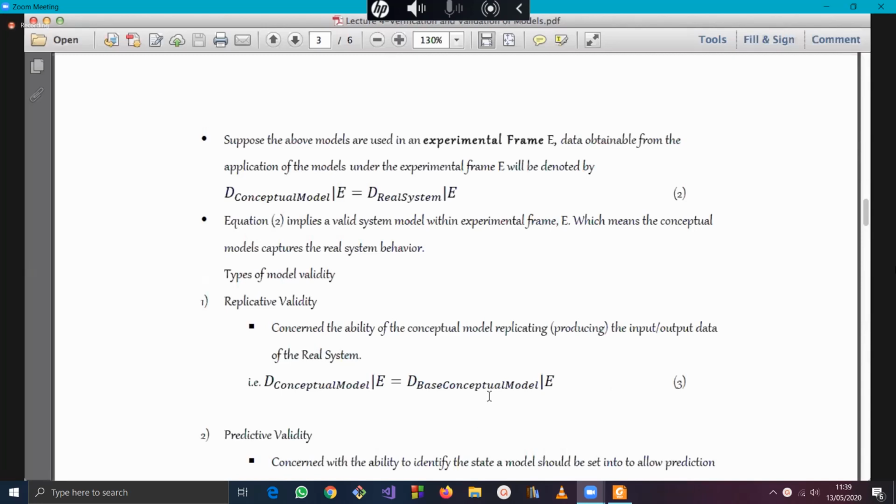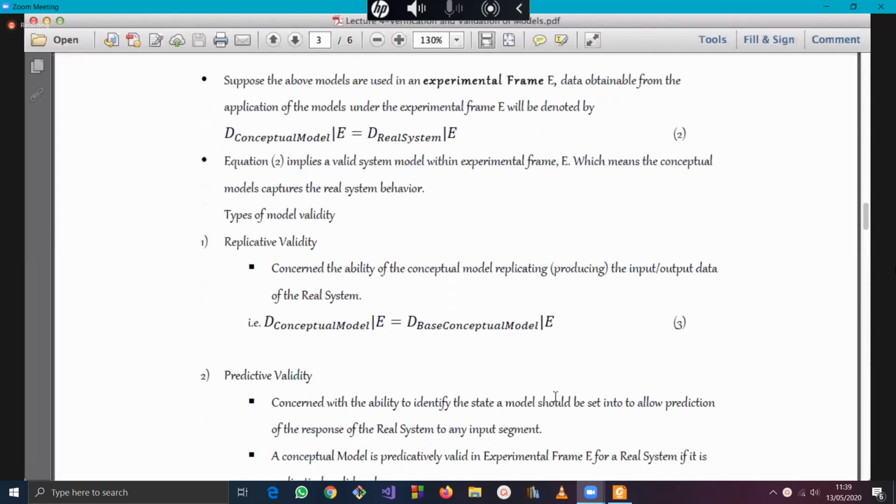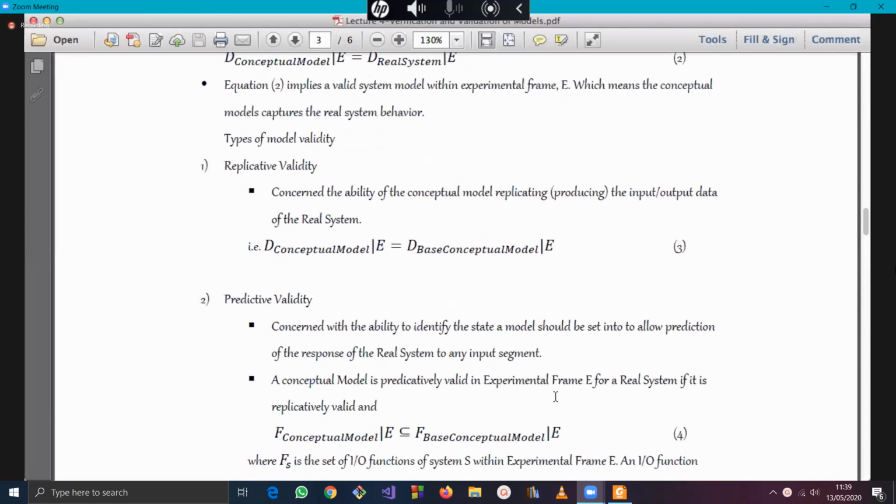In replicative validity, we are saying you want to produce similar outcomes, given the same experiment. E here becomes the experimental frame. Predictive validity brings in the ability to predict, meaning that your model can accurately give a prediction using existing data, similar to what the real system can give.